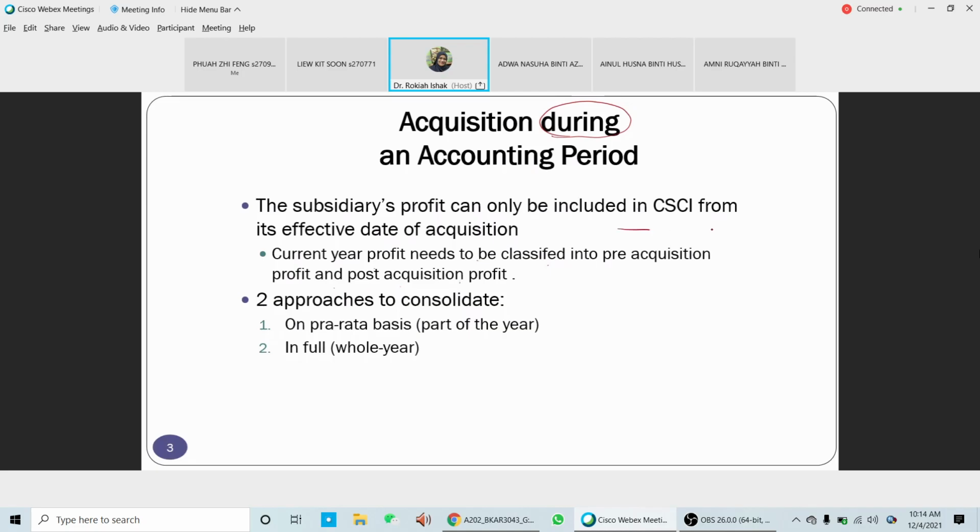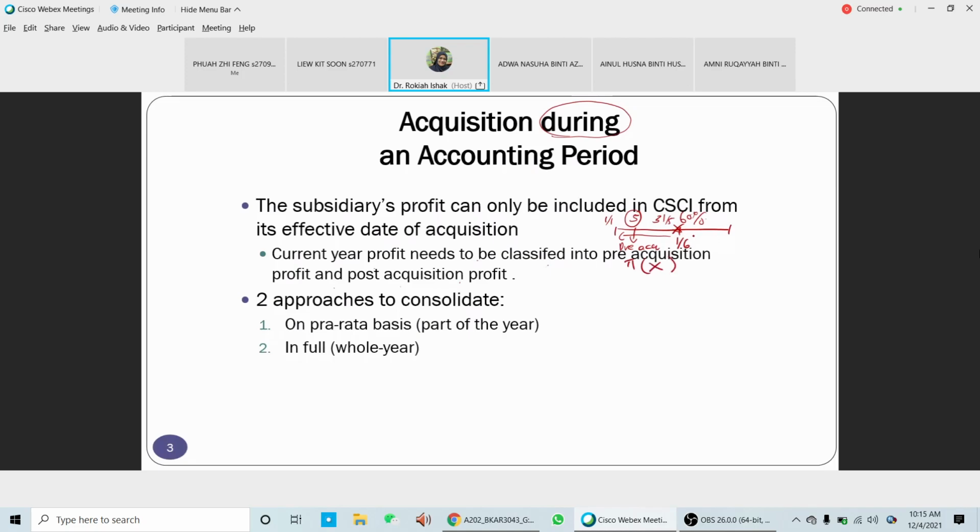For example, you acquired on 1st of June, and you have 60% control. The profit incurred between 1st of January until 31st May, the first 5 months, is considered pre-acquisition profit, and parents are not entitled to this profit.